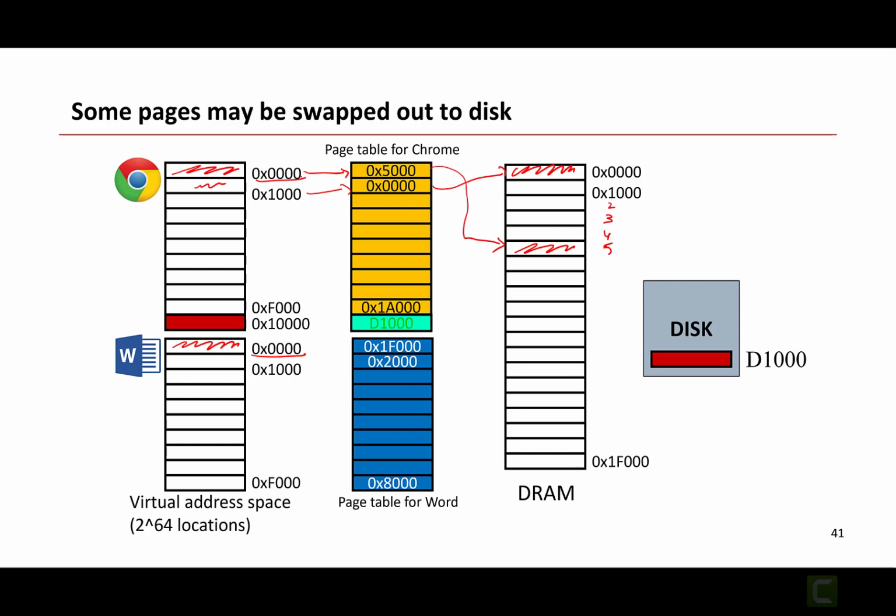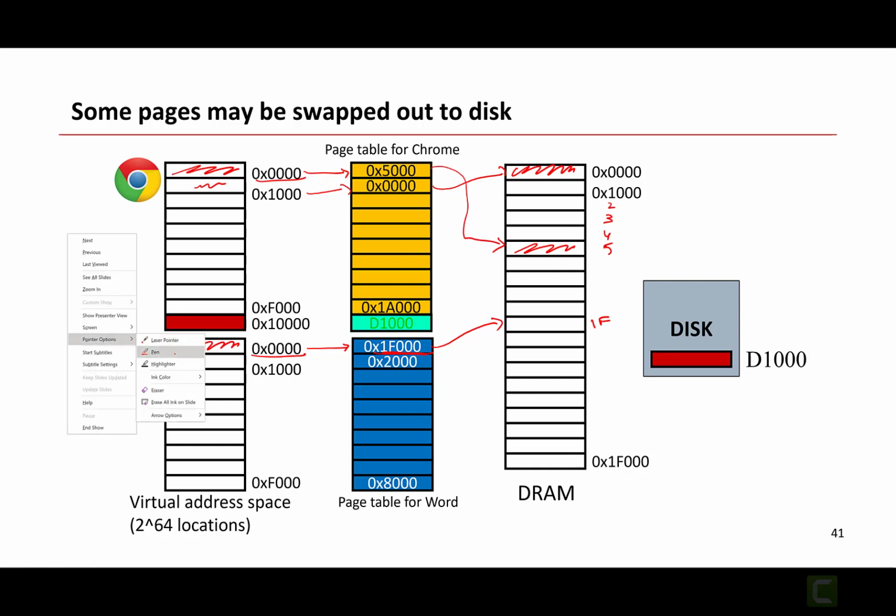Program Word also has the exact same address space. But Word's 0th virtual page is stored in a different physical page, 1F000. Let me say that this happens to be the physical page 1F. So that's where this data would be stored.